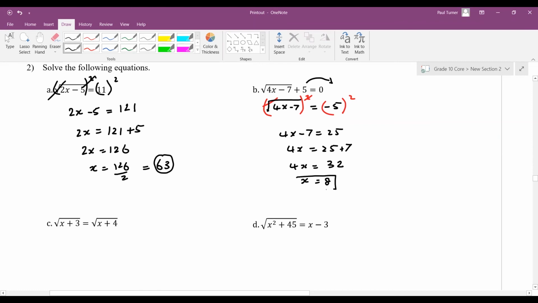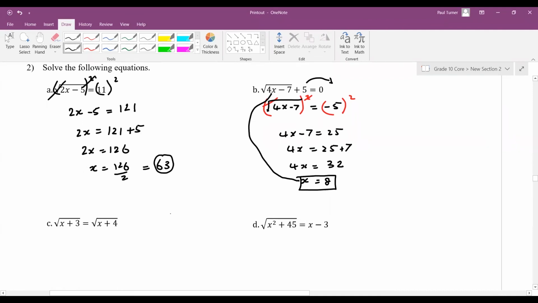And when you do get your solution, go back, put it in here, and check there's no problems with it. So check that you get 0 when you put 8 in here. Okay, so what happens when you do that though?